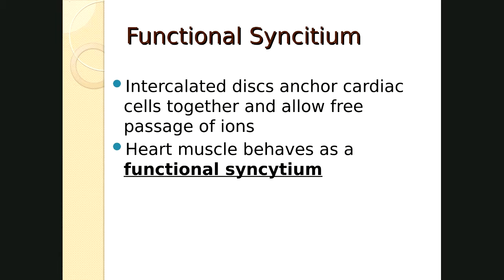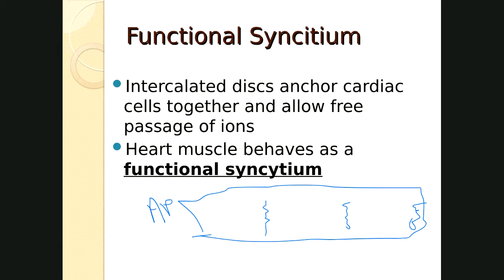So what we're going to see is that the action potential spreads. It spreads through those intercalated discs. And so if we have 3 cells here, let's say there's 3 cells, we took them out of the heart, they're laying here like this in a petri dish or something.